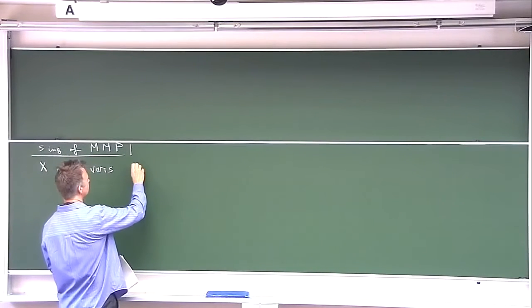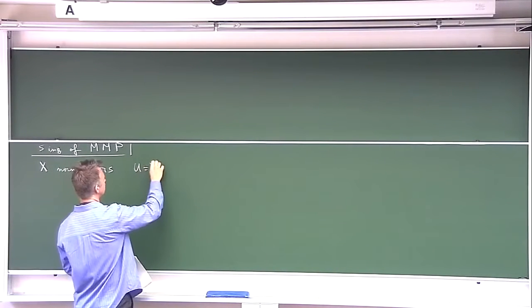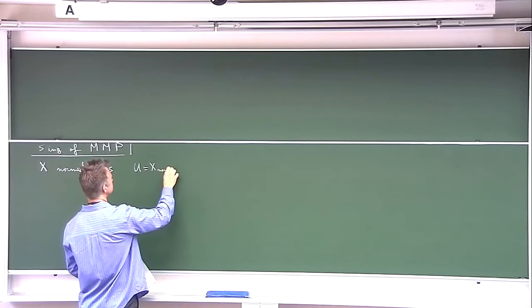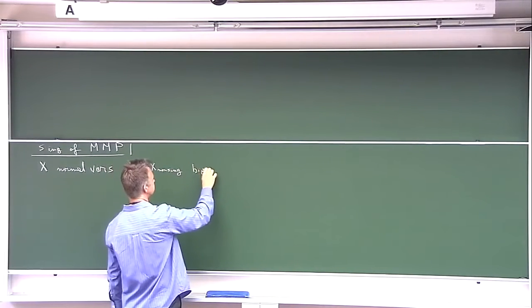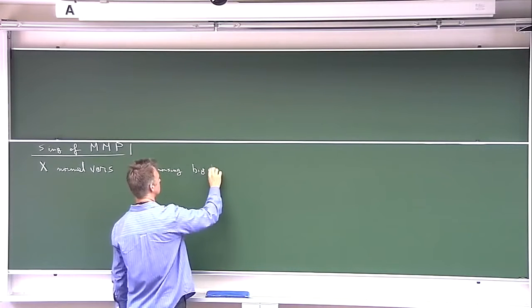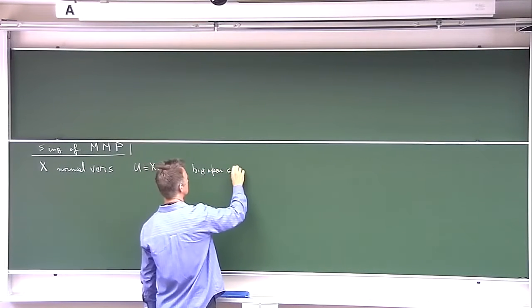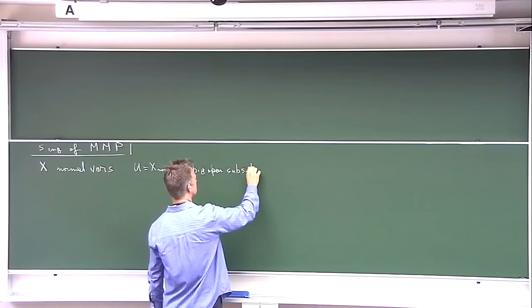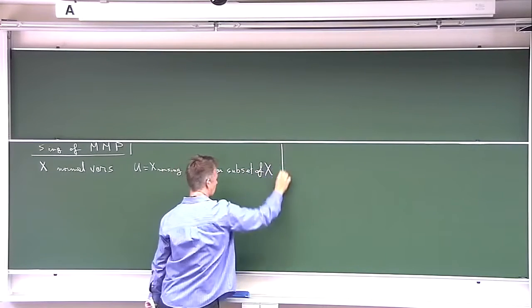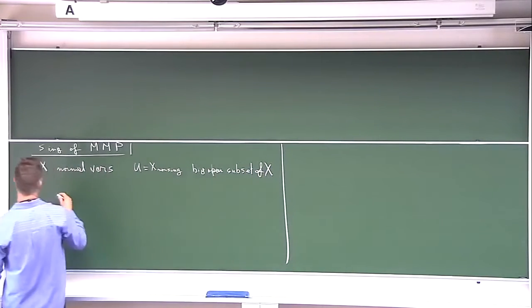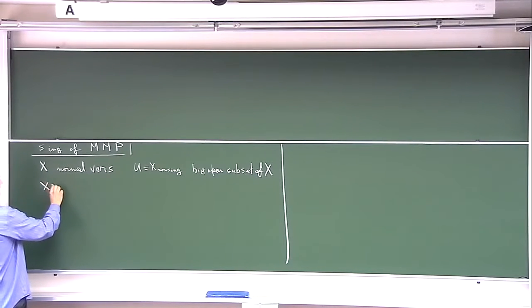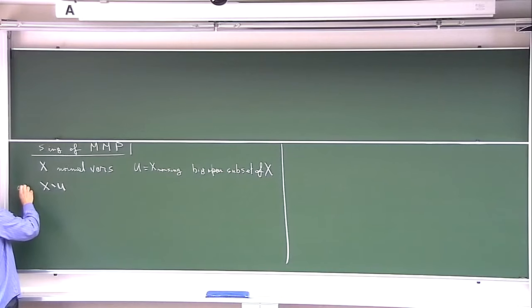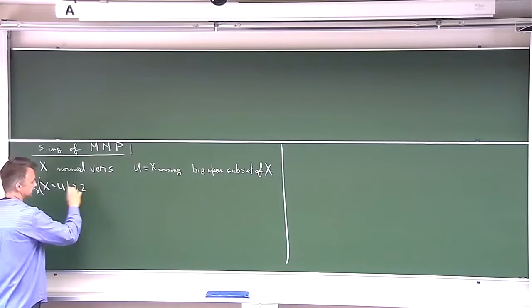So I can pick U to be the non-singular locus, and this is what we call a big open subset. What does that mean? Being a big open subset means that if I look at its complement, X minus U, then the codimension in X of the complement is greater or equal to 2.